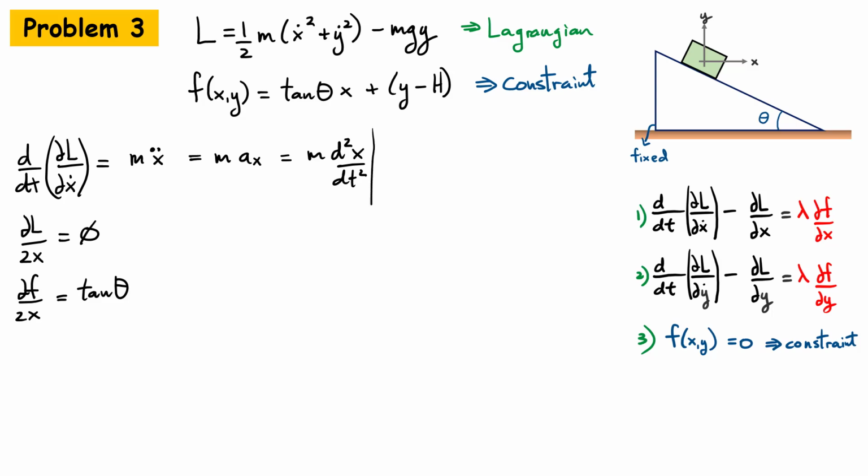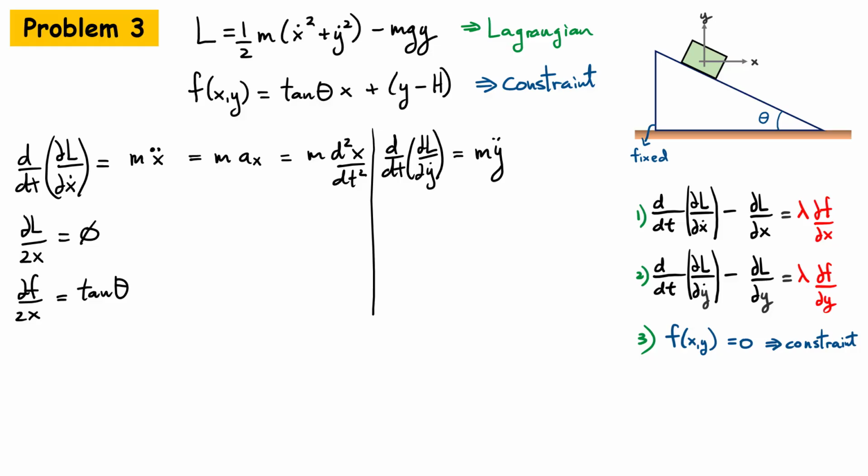Let's do the same thing now for the y equation, our second equation. Again, our first term is d dt of the derivative of the Lagrangian with respect to y dot. This term is going to be the mass times the acceleration in the y direction, m y dot dot. That's it for that term.